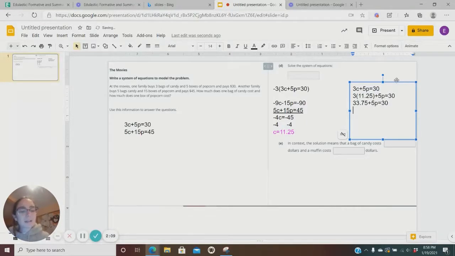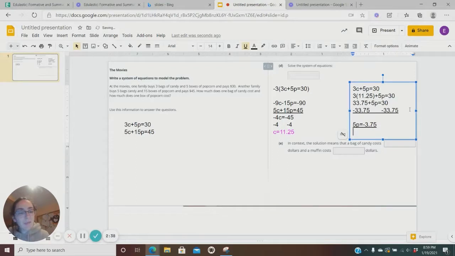Get that p by itself by subtracting 33.75 from each side, minus 33.75 from each side. Let me show you what we're going to get. 5p is equal to -3.75.